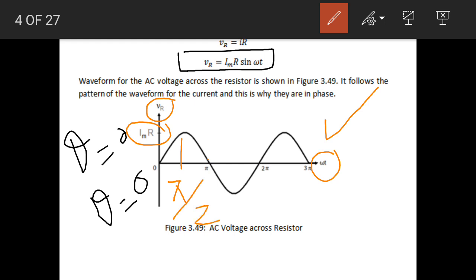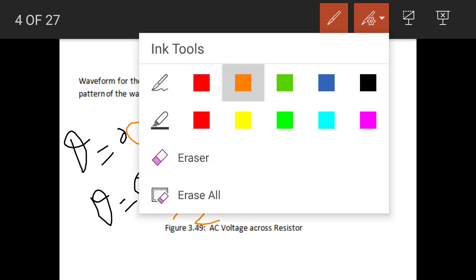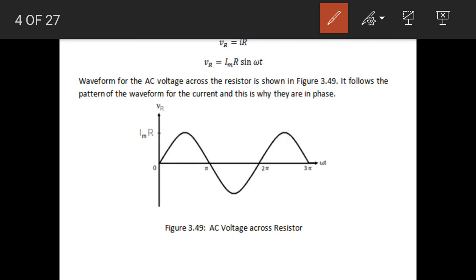So this is the waveform for the AC voltage across the resistor. You know how to find out the voltage across the resistor. You have the equation, and you can find out this voltage with the help of this particular equation.